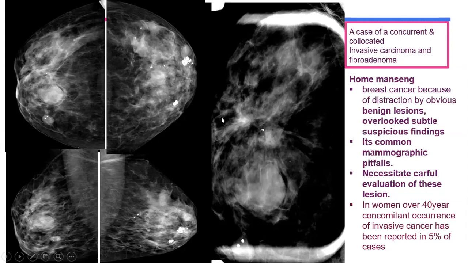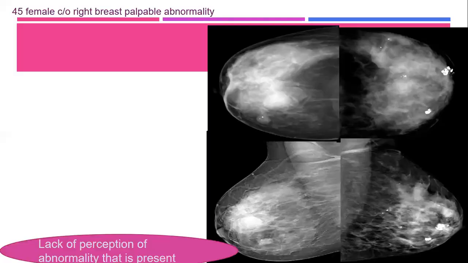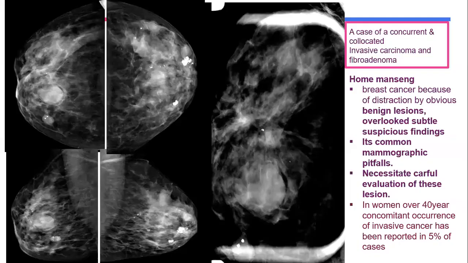On the spot magnification it is very clear, but in the previous image, they did not proceed for ultrasound or for spot magnification view. And so in this case, breast cancer, because of distraction by obvious benign lesions, overlooked subtle suspicious findings. This is a common mammographic pitfall, to be distracted by a benign abnormality, a very obvious benign abnormality.